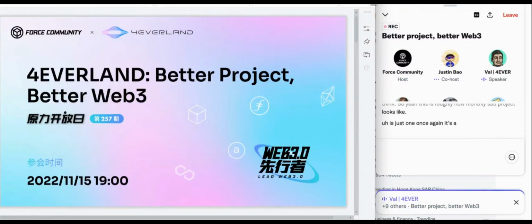Once again, it's a project to support developers and to contribute to the industry, because even during a bear market, we should put stress on building.